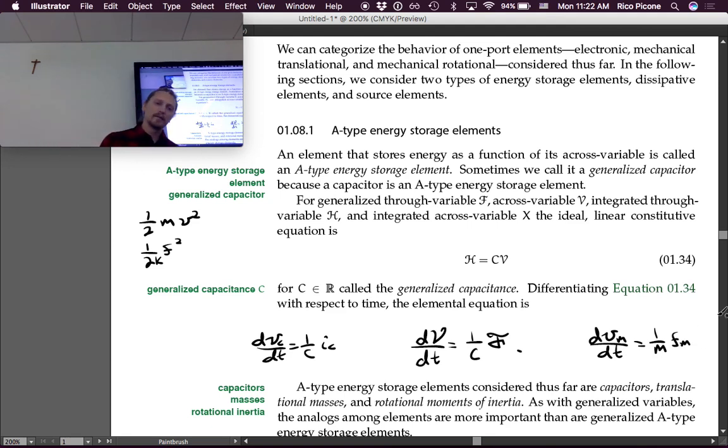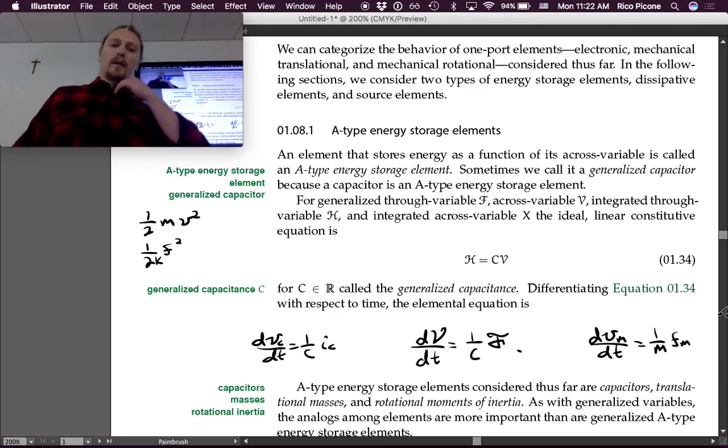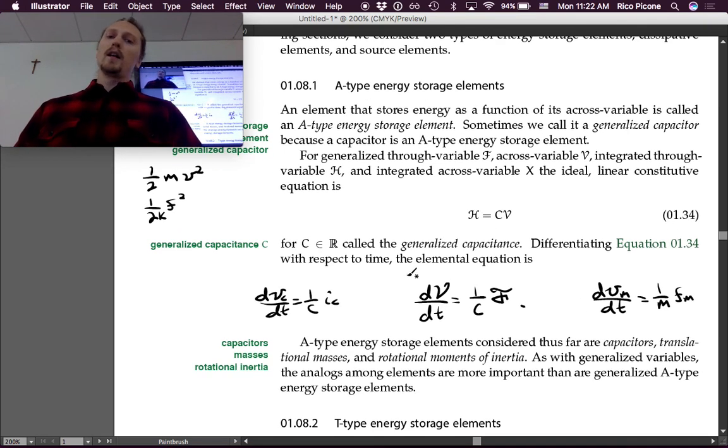F equals ma. Okay. But we're using the generalized through and across variables. This is our elemental equation.